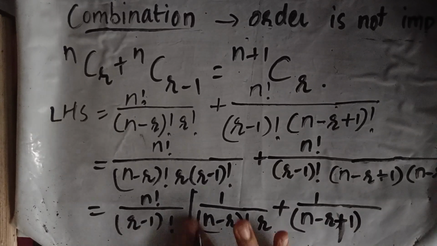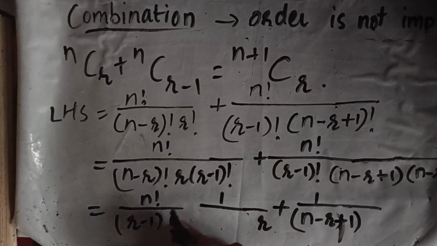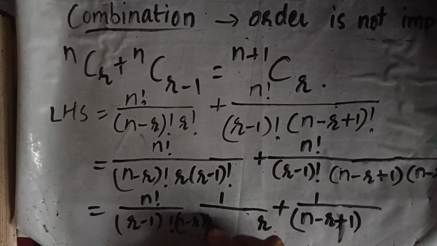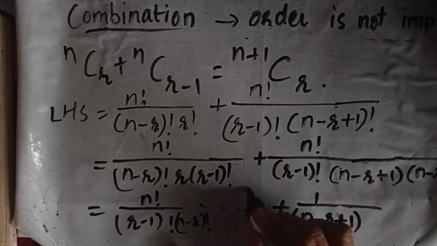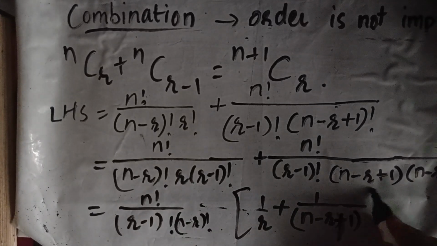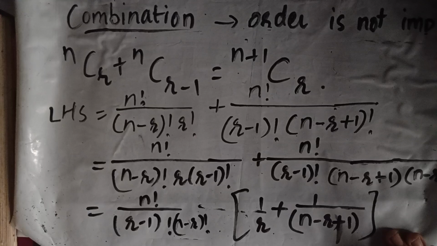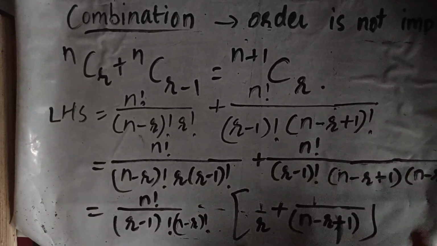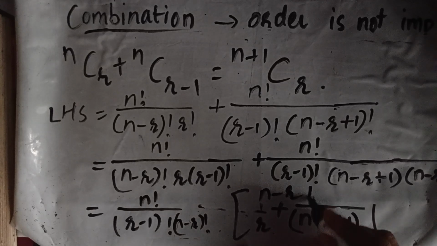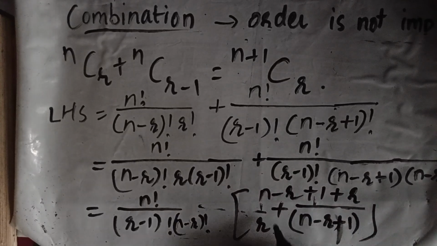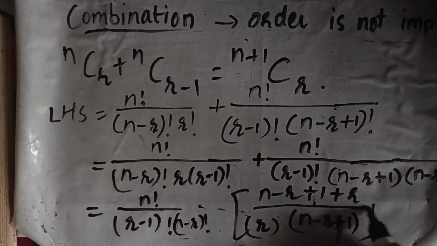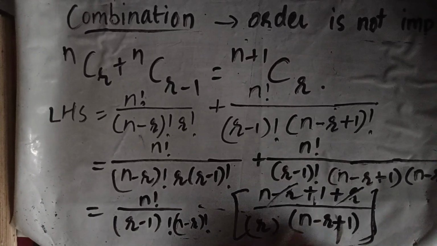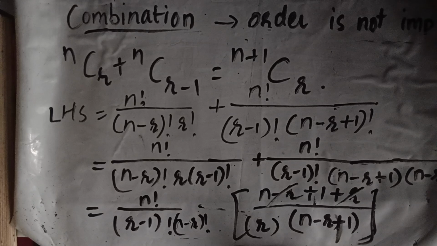Then this you can cross multiply and you will get n plus 1 upon r into n minus r plus 1.